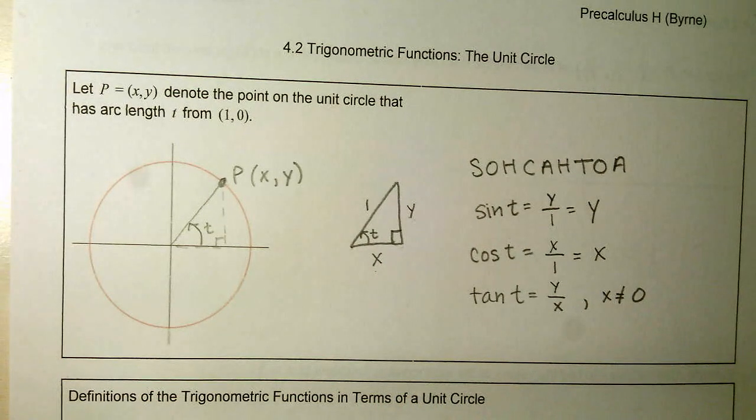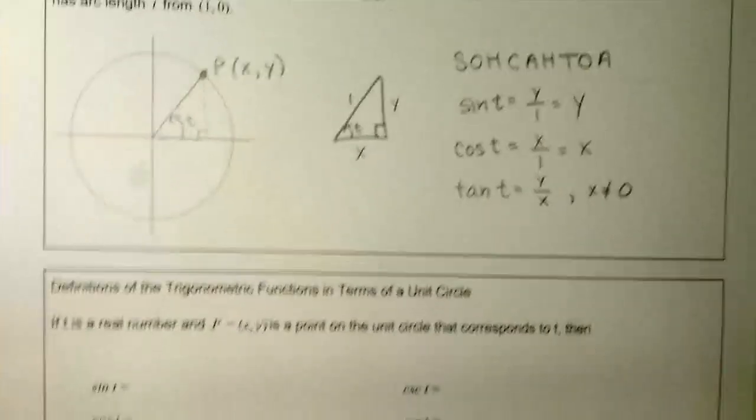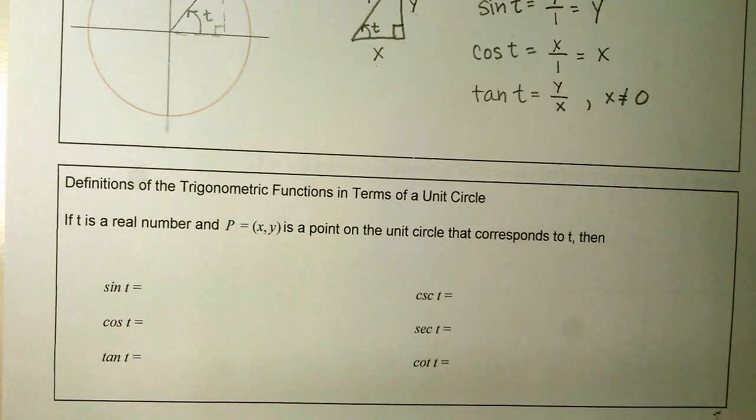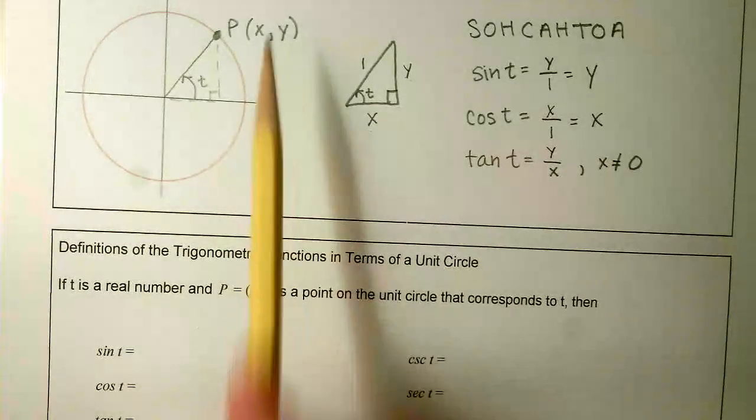Think for a minute. If the denominator, x, was equal to 0, then this would become undefined. So we can now define 6 trig functions in terms of the unit circle. This corresponds to my diagram here.